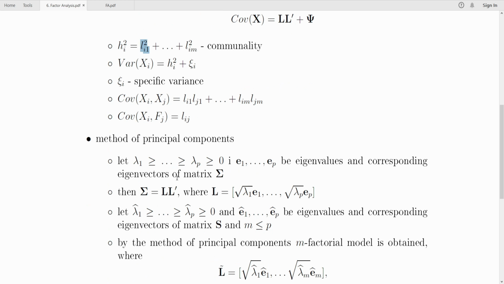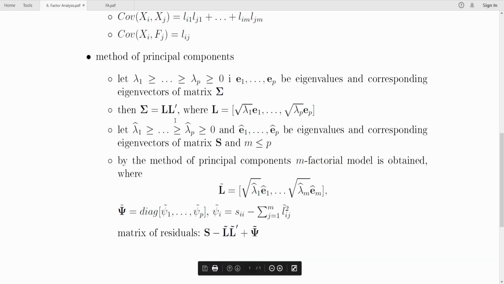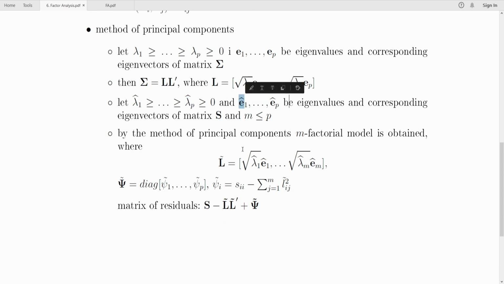So for our principal components method, we need the eigenvalues of our sample covariance matrix, and we need our eigenvectors. We already know that our m is equal to 2 by assumption, and then we can compute our L tilde, which is given by this. Then we can compute our psi's, or specific variances, and in the end, the residuals.